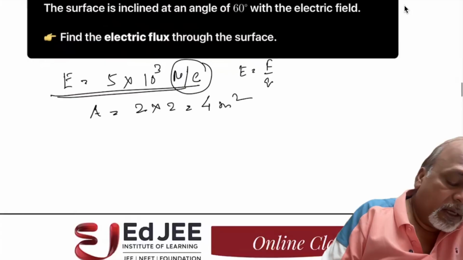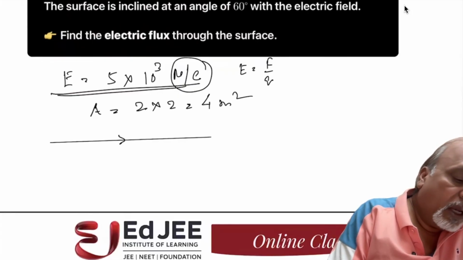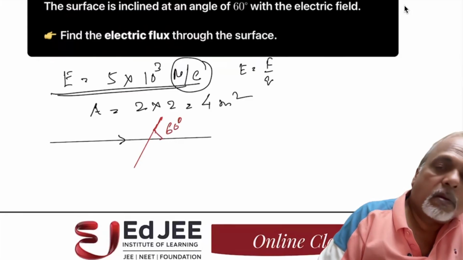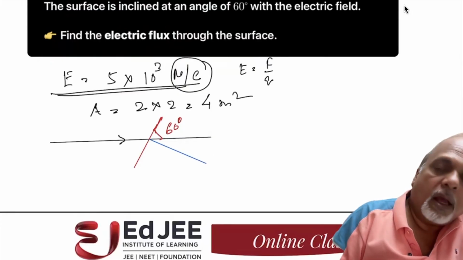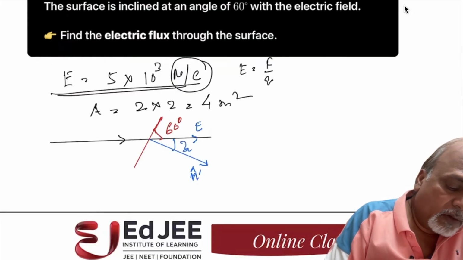Now here, basically electric field direction is this. Your surface is inclined. So what about the normal to the area? This is the area vector and this is the electric field. Then what will be this angle? This will be 30 degree.